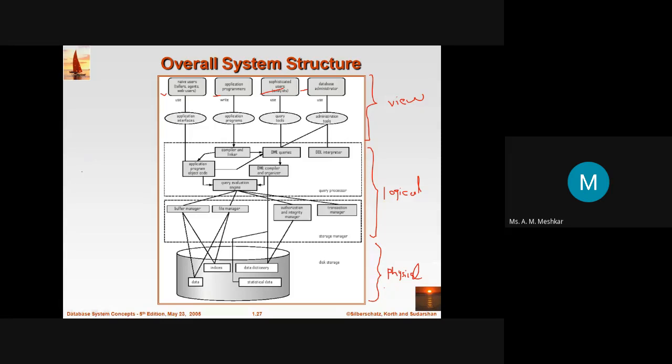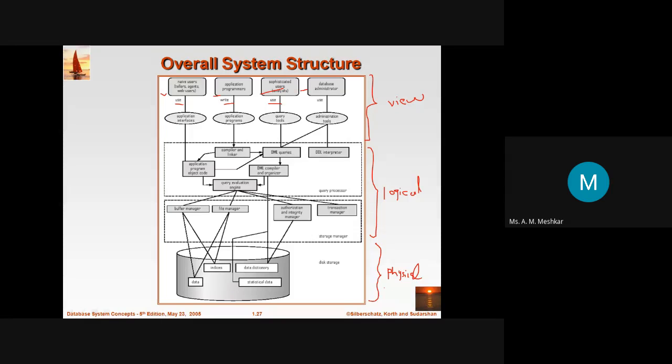At the view level, you can see what is inside. Here there are the 4 types of users that we have just seen: the naive users, application programmers, sophisticated users, and the database administrator. Here you can see their rights related to the DBMS, meaning what they can do with this data. Obviously the naive users can use the data. Application programmers will be writing programs inside the DBMS, so that's why they have this kind of authorization.